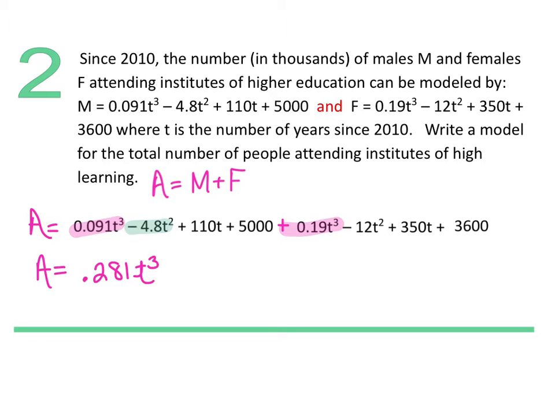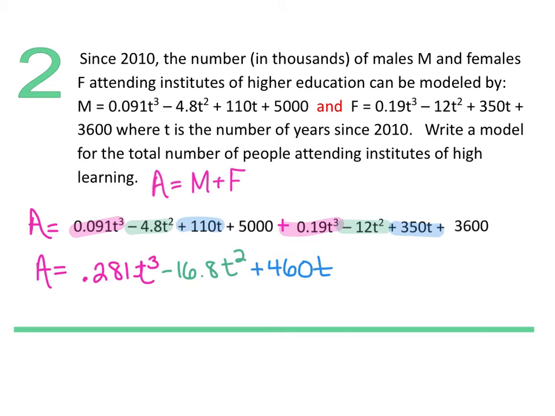Look for my squared terms. I have negative 4.8 minus 12 t squared would be negative 16.8t squared. Going to go to my linear terms, which would be 110t plus 350t would be a positive 460t.